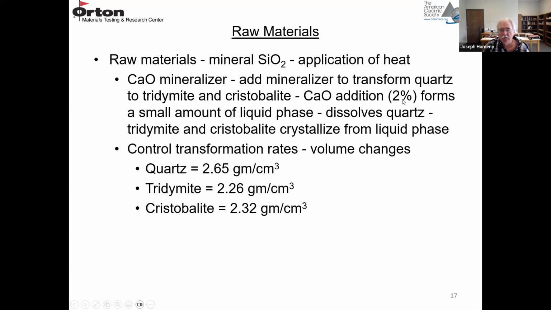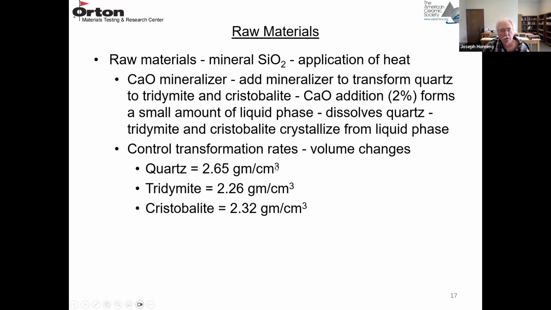It's usually between 1 and 3%. So you add lime to quartz, it forms a small amount of liquid. That liquid dissolves the quartz, and the quartz reprecipitates as either tridymite or cristobalite. So tridymite and cristobalite crystallize from that liquid phase. The mineralizer really speeds up the transformation from quartz to either tridymite or cristobalite.